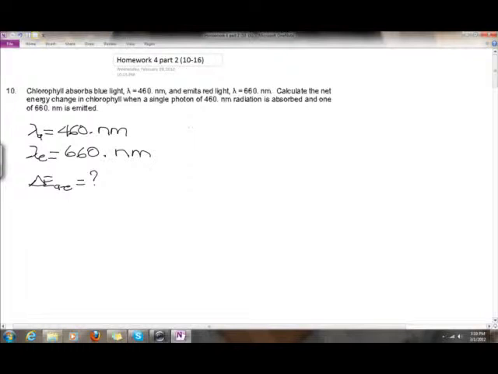So basically what you have to do here is calculate the energy for each one: the energy of absorption of a photon, energy of lambda absorption per photon, and the energy of emission of a photon, per photon too.